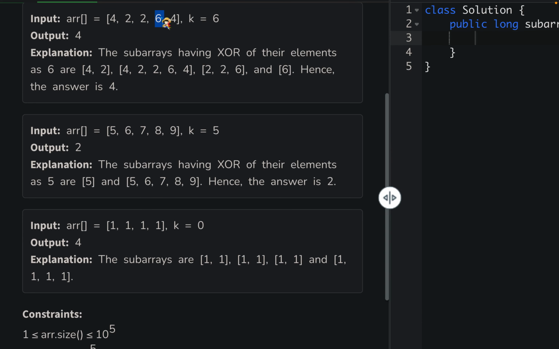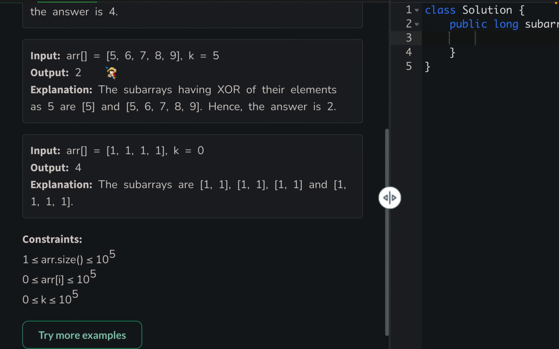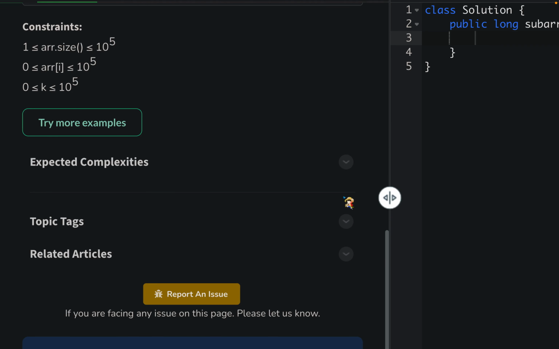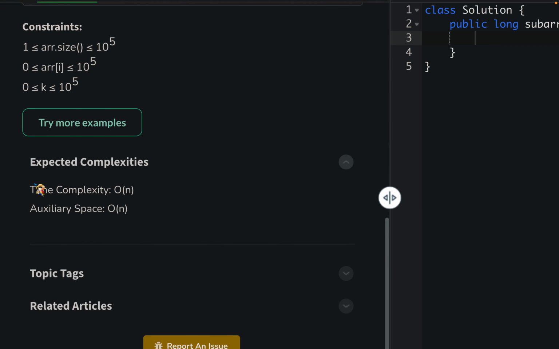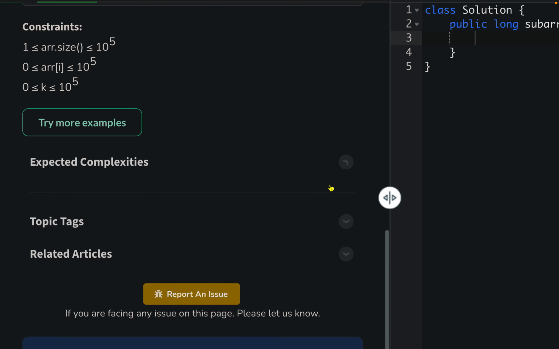These are the subarrays which we can find, and overall there are 4 subarrays here, and that's why the output is 4. Same goes with the second example, same goes with the third example, because here k is 0, there are multiple options. And they want us to have expected time and space complexity of O(n).